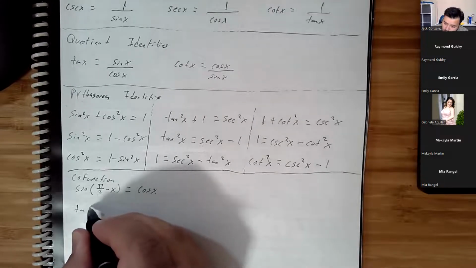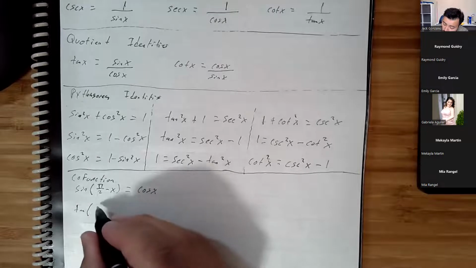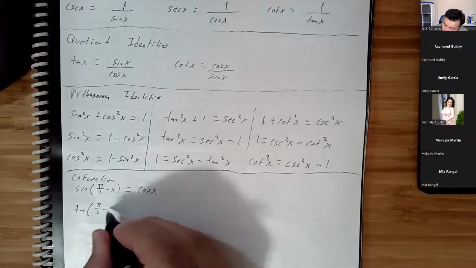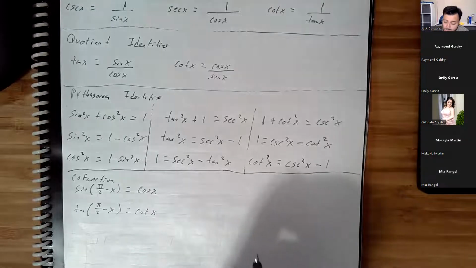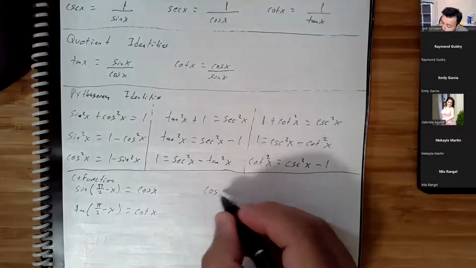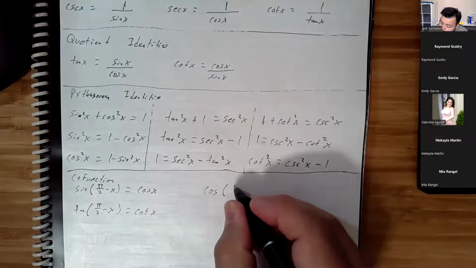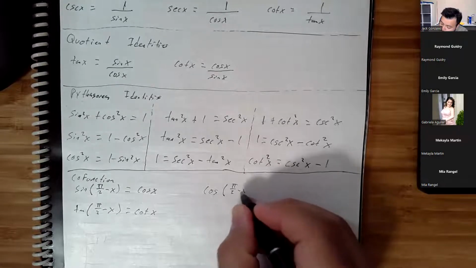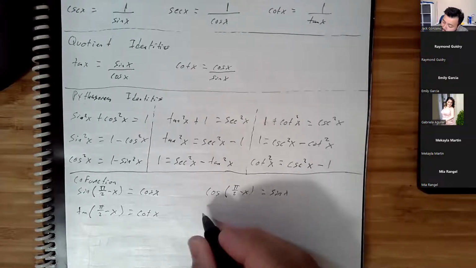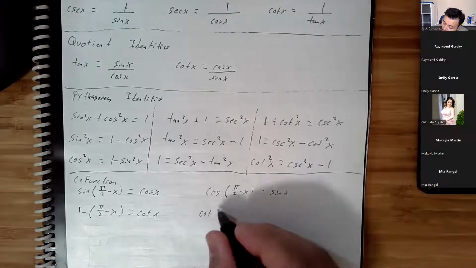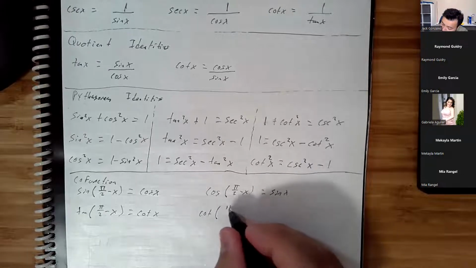And if you shift tangent by pi over 2, like this, you get cotangent. If you shift cosine, you get sine. And cotangent can go the other way too.